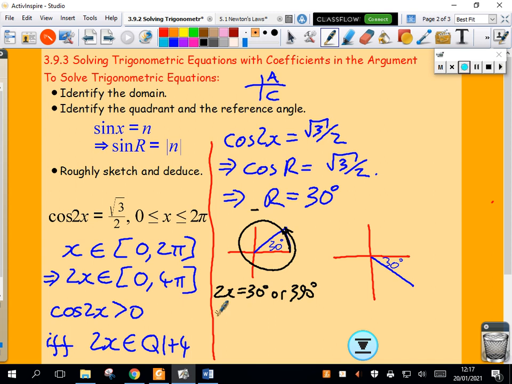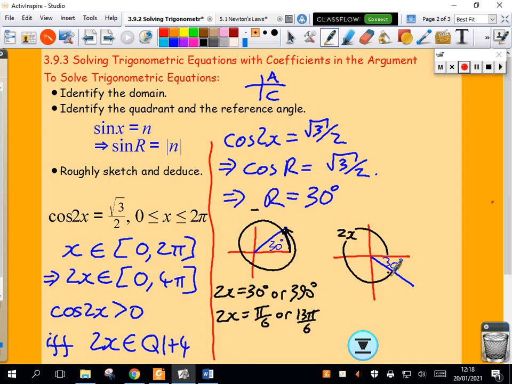So changing that into radians, 30 degrees is pi over 6 radians, or 390 is, I think, 13 pi over 6 radians.